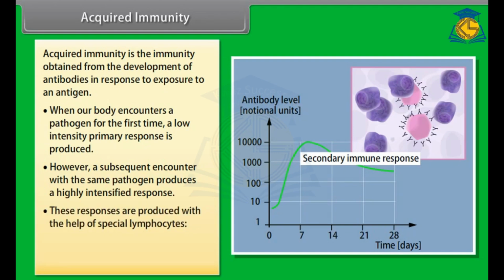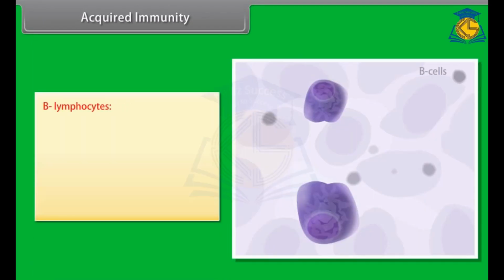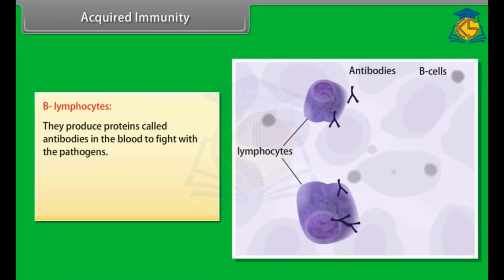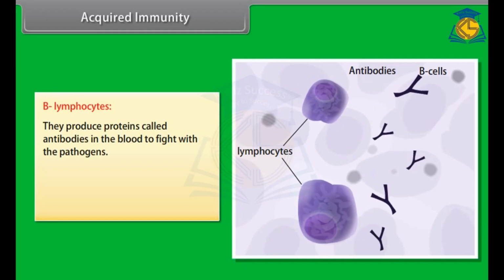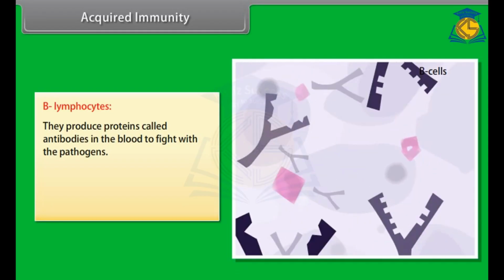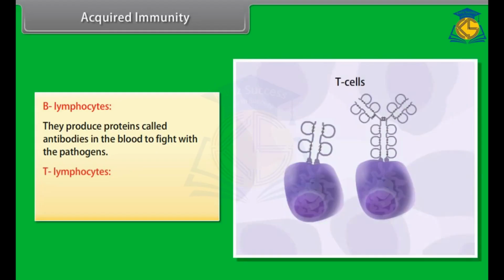These responses are produced with the help of special lymphocytes: B lymphocytes and T lymphocytes. B lymphocytes produce proteins called antibodies in the blood to fight with the pathogens. T lymphocytes help the B cells to produce antibodies.